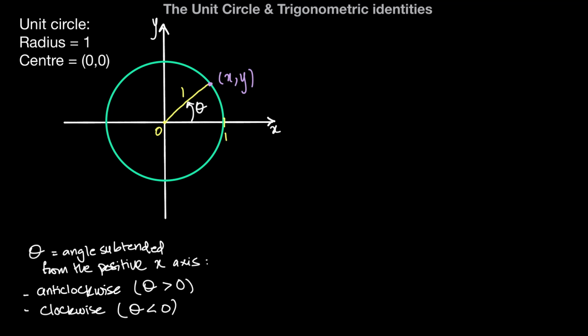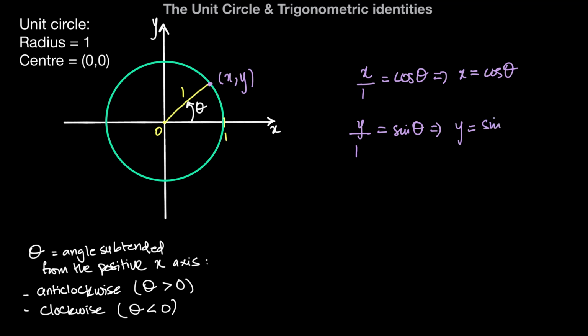Well, we can say for the unit circle, or for any circle rather, that the ratio between the x coordinate and the radius can be expressed as the cosine of theta. And since the radius is just 1, we can just say that the x coordinate is the cosine of theta. Similarly, the ratio between the y coordinate and the radius can be expressed as the sine of theta. And since the radius again is just 1, we can say that the y coordinate of any point in the unit circle in terms of theta can be expressed as the sine of theta.